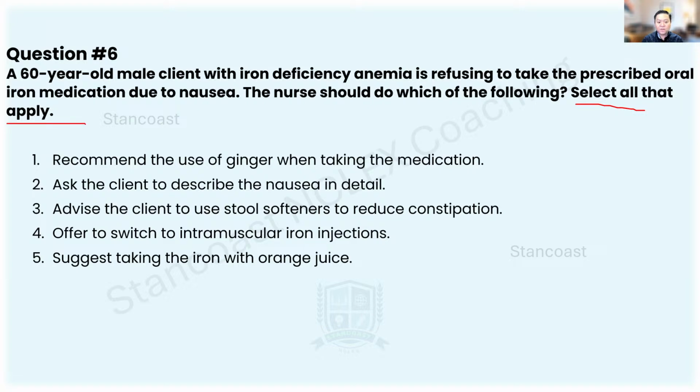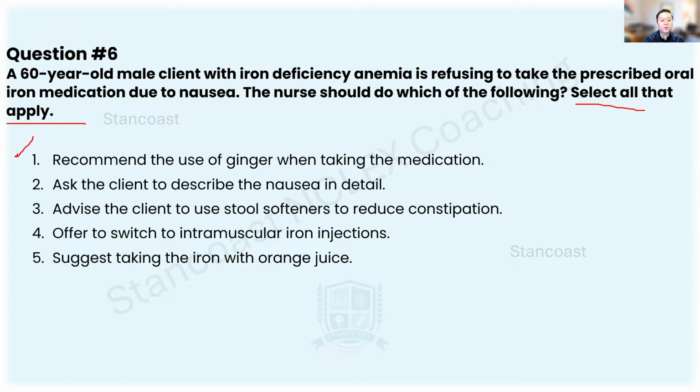Select all that apply. So let's take a look at number 1. Recommend the use of ginger when taking the medication. This is going to be one of the possible nursing actions. The ginger itself can help alleviate nausea. The nausea can be a common manifestation of taking the iron supplement orally.